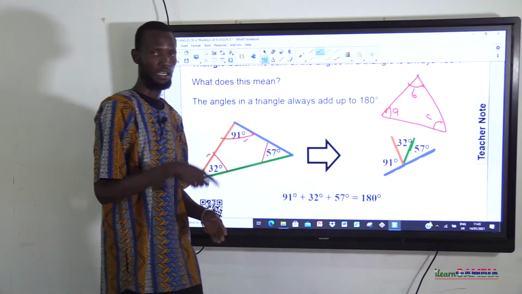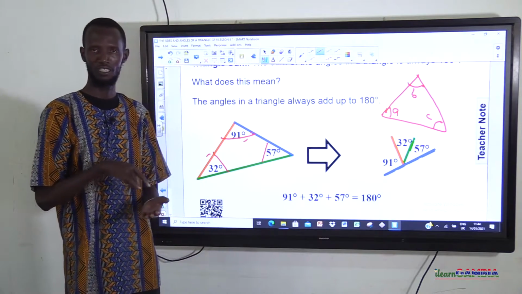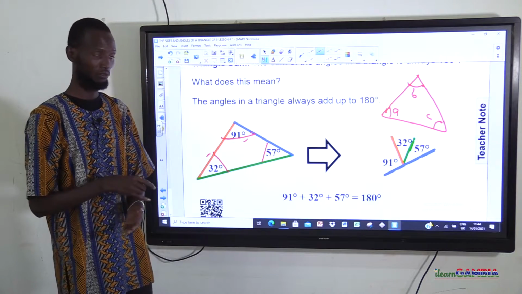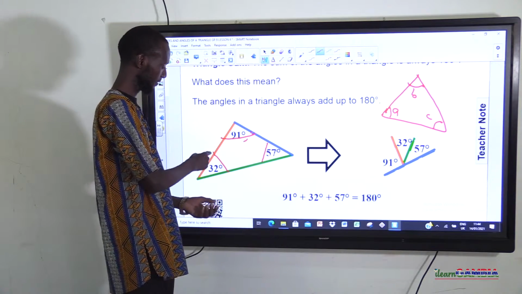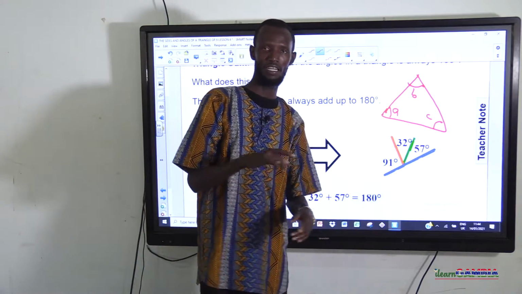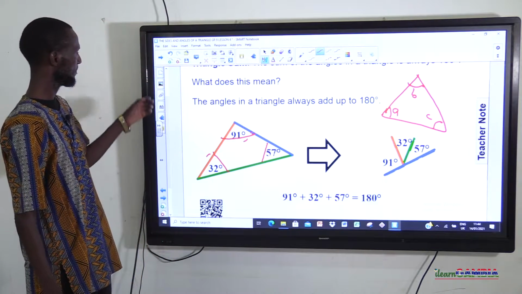From our knowledge of angles, we know that angles on a straight line always add up to 180 degrees. So you can conclude that since these three angles can form a straight line, if you add them up, you get 180 degrees.